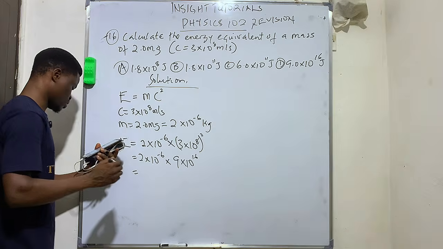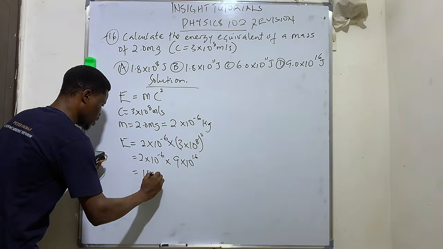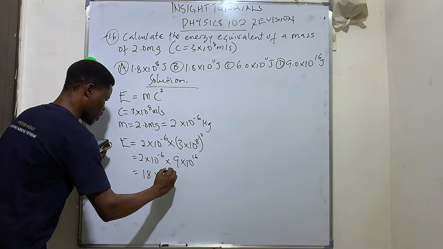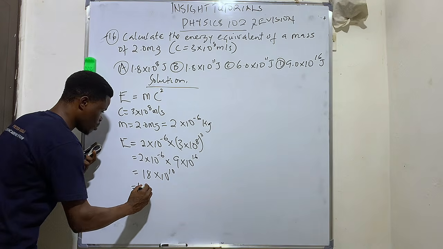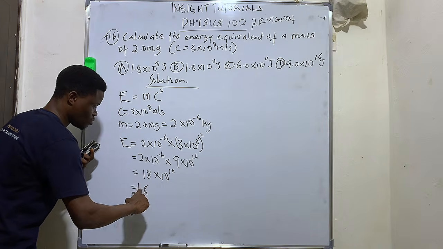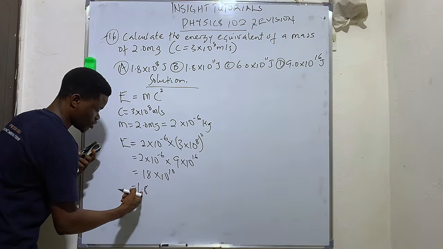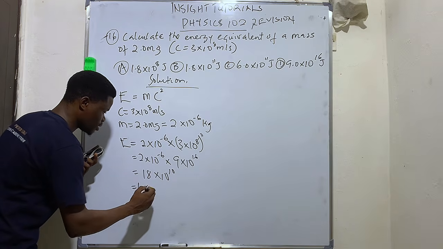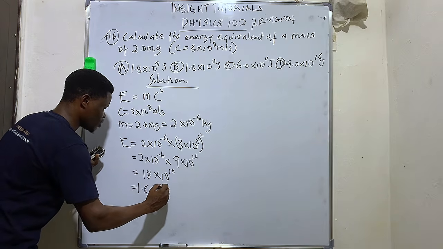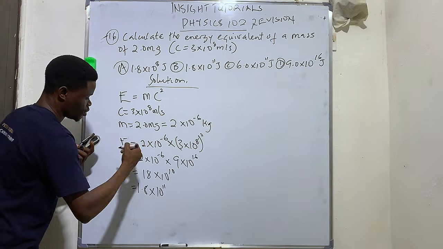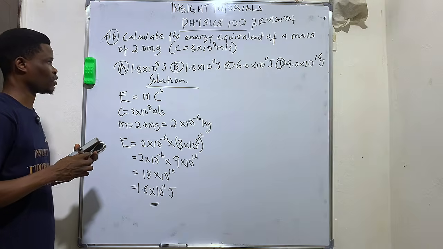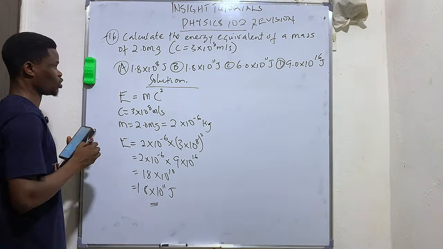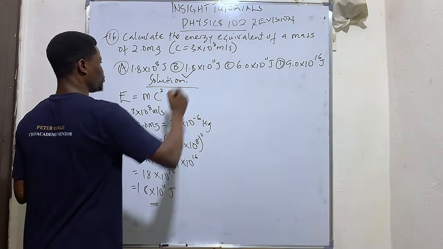Our answer is we got 18 times 10 raised to the power of 10. We can still go ahead to say this is 1.8, now we'll add 1 to this power because we have moved it by one decimal place, so times 10 raised to the power of 11. And the unit of that is joule. It happens that our correct answer is option B.